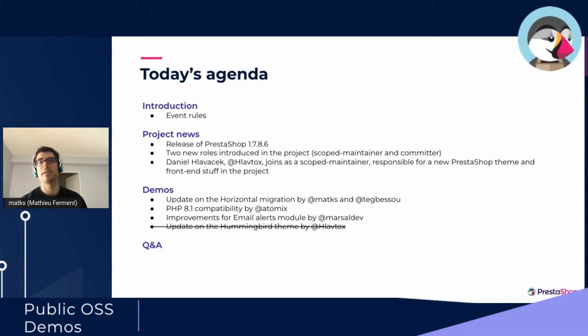I will talk a little bit more about this. And we welcome, it was in April, I believe, because it's been 2 months since the last demo, a new maintainer, Daniel Hashafek. His GitHub username is #talks, and I'm quite sure you probably already saw one of his contributions because he's a really involved contributor and now maintainer, and he's really involved on the new PrestaShop theme, Hummingbird.